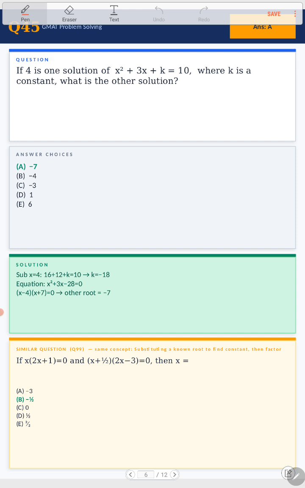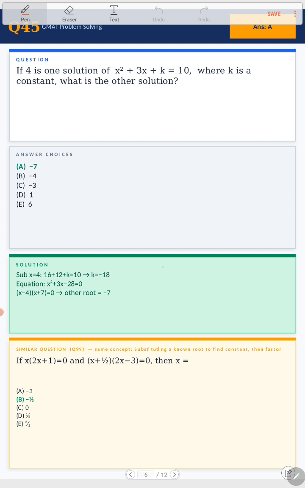If 4 is one solution of s squared plus 3s plus k equals 10, where k is constant, what is the other solution? Remember, if 4 is a solution, then we can replace s with 4. So 4 squared is 16, 4 times 3 is 12, then plus k. When we solve this, we get k equals minus 18. So wherever we see k, we put minus 18.